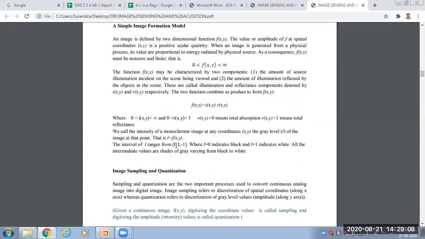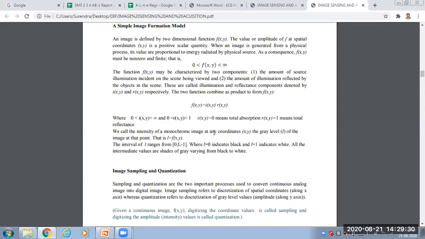Consider your intensity value divided into a number of intensity levels: 0 to 256, 0 to 64, 0 to 32, 0 to 556. Like this, depending upon your requirement, we can have different intensity range values as digital values.